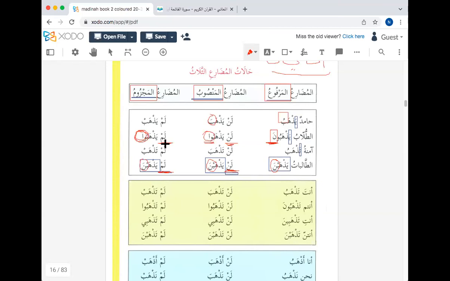Okay, it basically means they haven't gone. Why do we use fi'l mudari' in this situation? It basically means up till this point in time, which is the present, they haven't left. They haven't gone. Which means they still might go. So it's a negation, not about something that happened in the past and finished. They still have the opportunity to go.